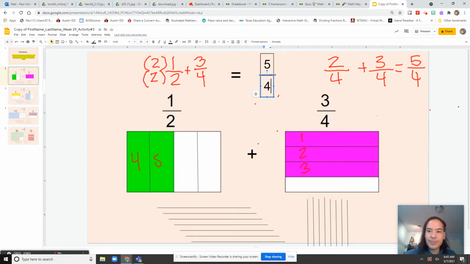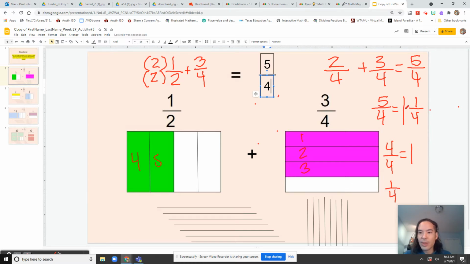Do remember that 5/4 is equal to 1 and 1/4 because 4/4 is equal to 1 and 1/4 would be by itself. So if you squish those two things together, that'd be 1 and 1/4. So this is your simplified answer. This is usually what you're going to be answering. But to give the improper fraction, it's 5/4.